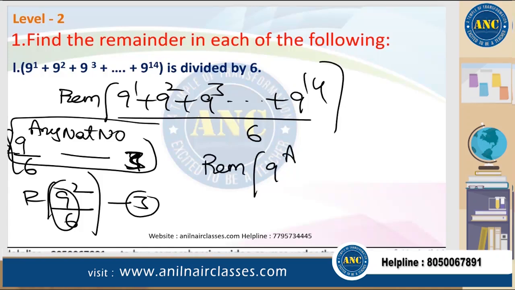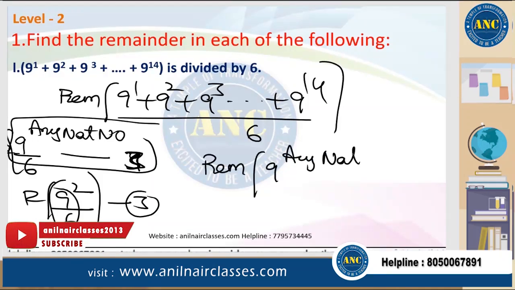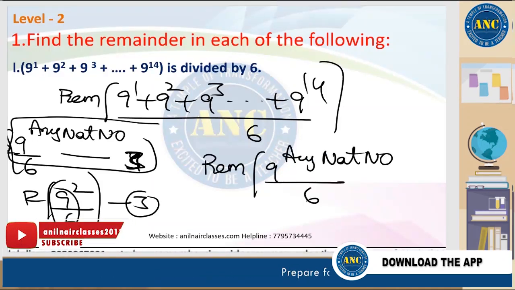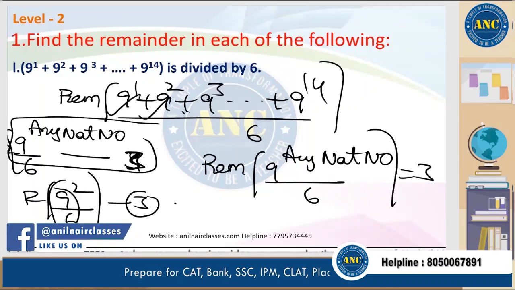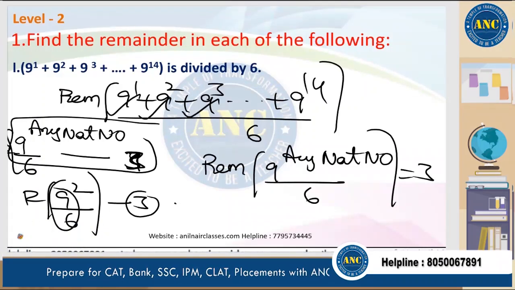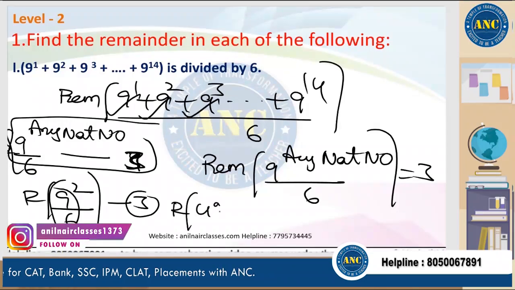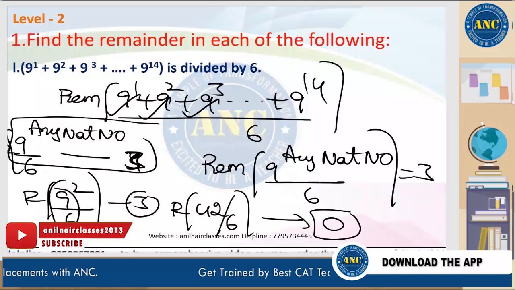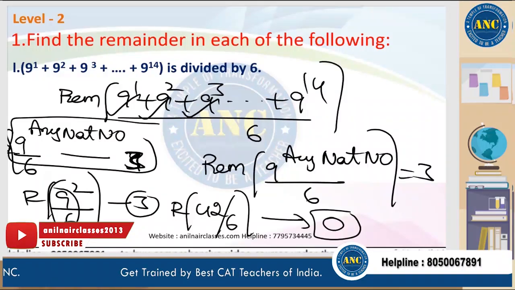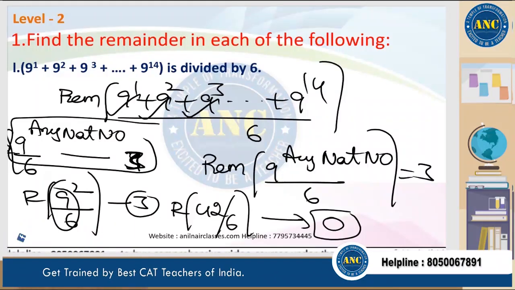So 3, 3, 3 from 1 to 14. 3 times 14 is 42. 42 divided by 6: 6 sevens are 42, remainder 0. I hope it is clear.